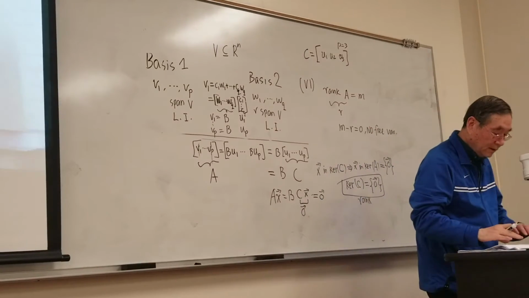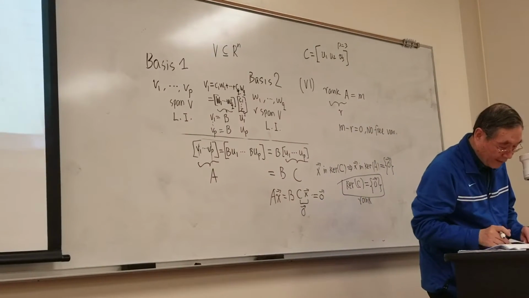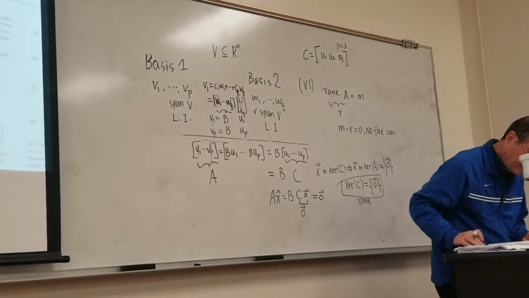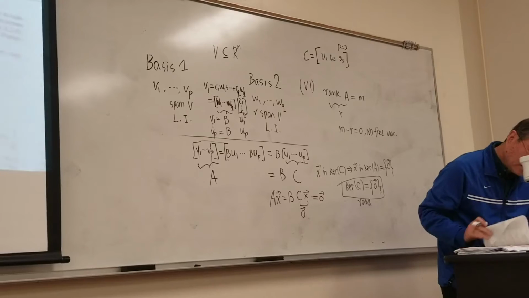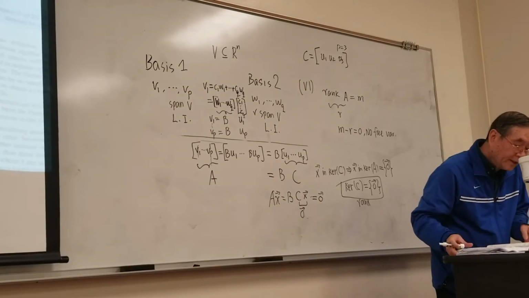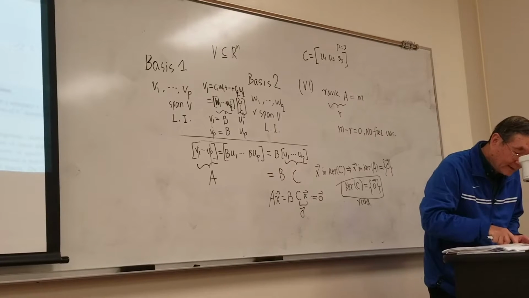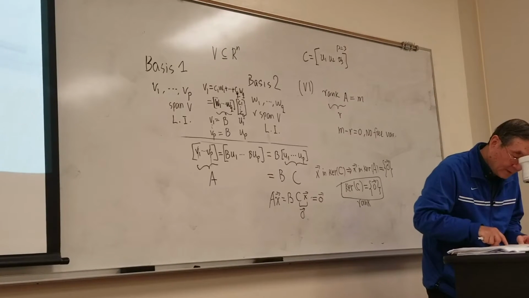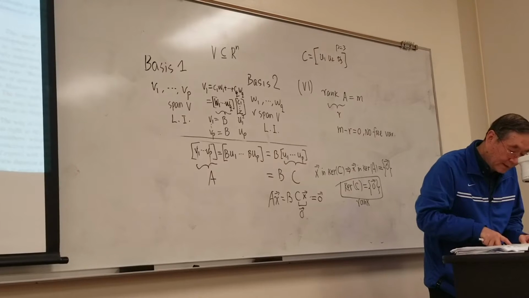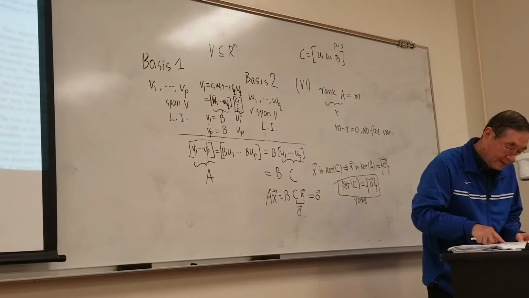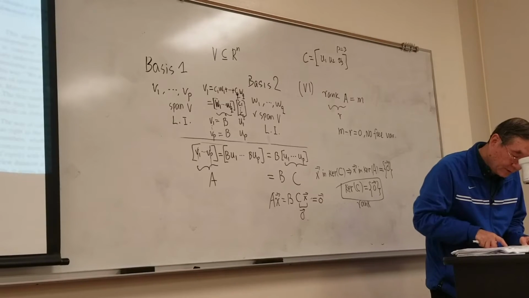Let me just point out that in the book, when they prove this theorem up there, they use the fact that you have this condition A equals B times C to show that the kernel of C is 0.